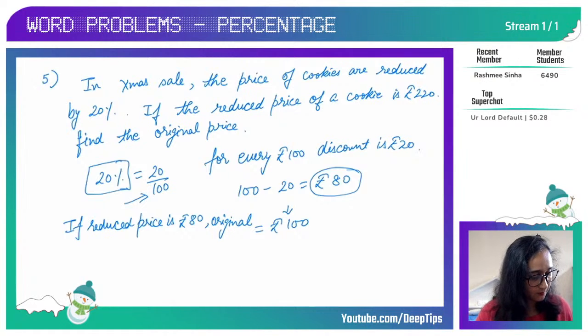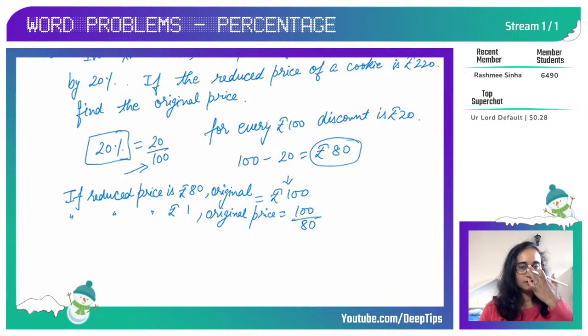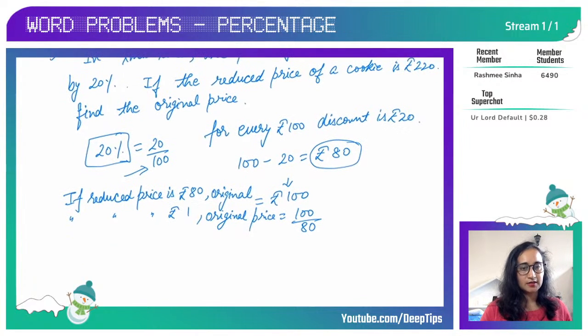Now if my reduced price is rupees 1, using the unitary method, then my original price is 100 by 80. Correct? So this is my original price if reduced price is rupees 1.